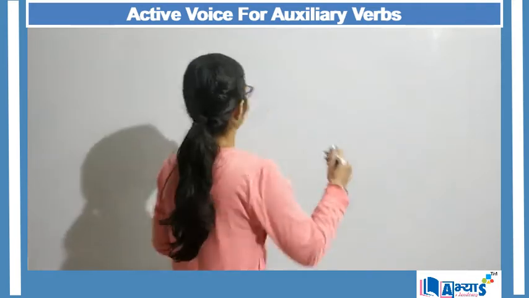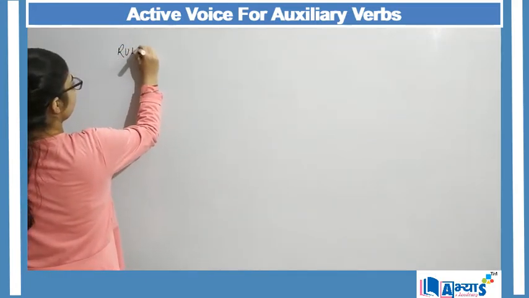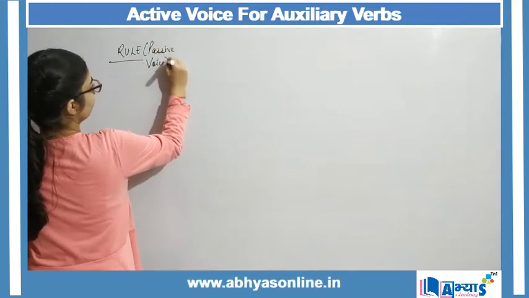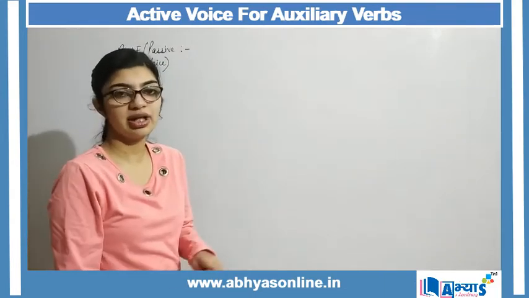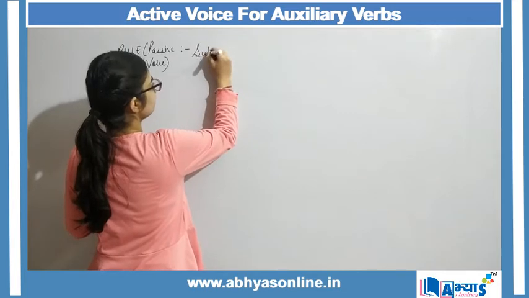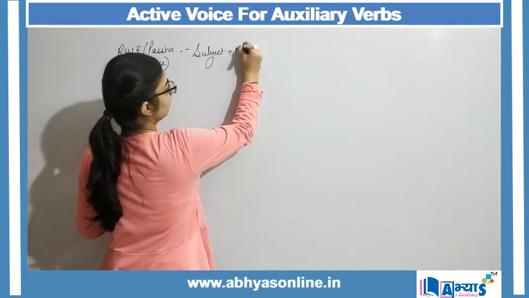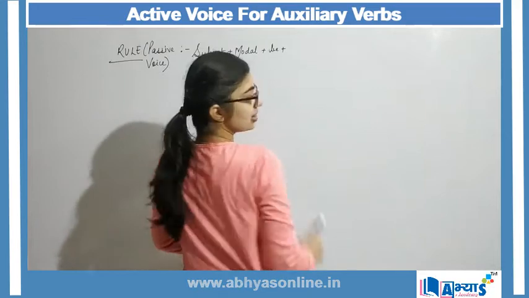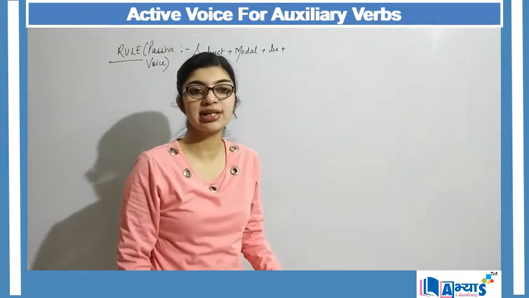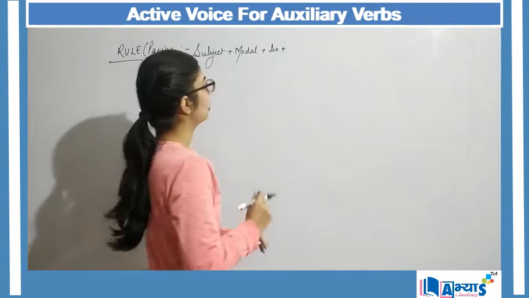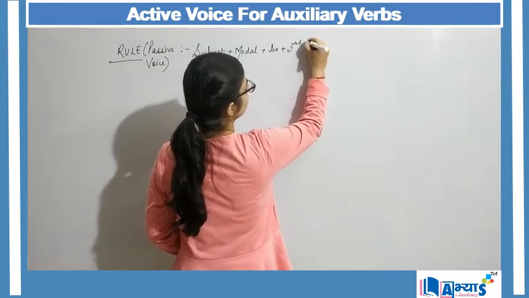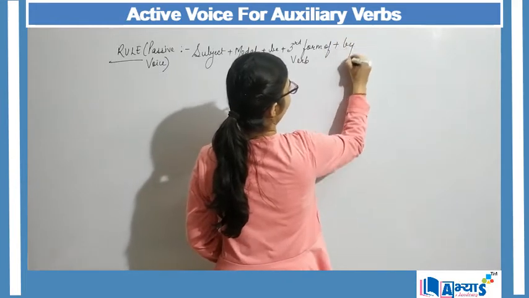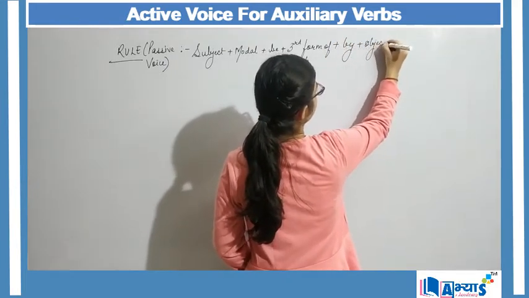So the rule to identify that our sentence is in passive form with an auxiliary verb is: subject plus modal plus be plus, since for passive voice our verb will always be in third form, the third form of the verb, followed by the object.